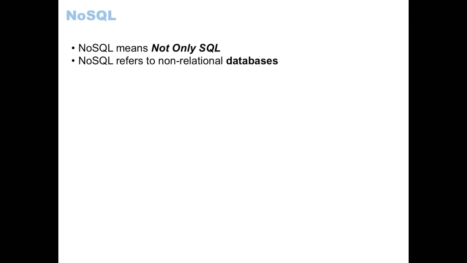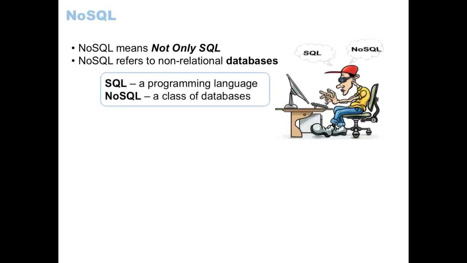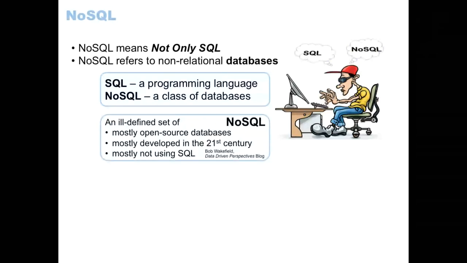NoSQL means not only SQL, and it refers to non-relational databases. So SQL is a programming language. NoSQL is a class of databases. So I found a definition in the Data-Driven Perspectives book by somebody named Bob Wakefield, and I thought it was pretty close.